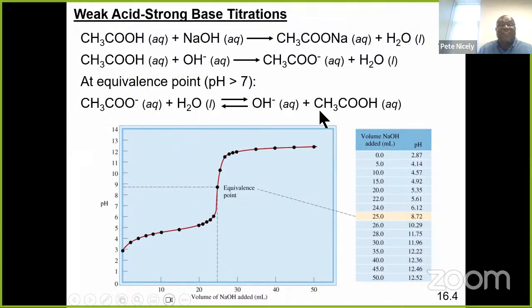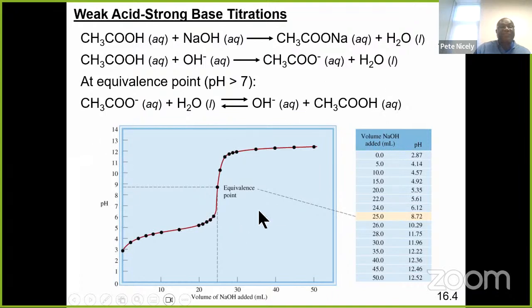If you look at this here, you'll see that the acetate ion, which is formed at the equivalence point, will be hydrolyzed by the water, right? The result would be the formation of hydroxide ions, which makes the solution basic. So that is the reason why the pH will be above 7 at the equivalence point when you titrate a weak acid versus a strong base.